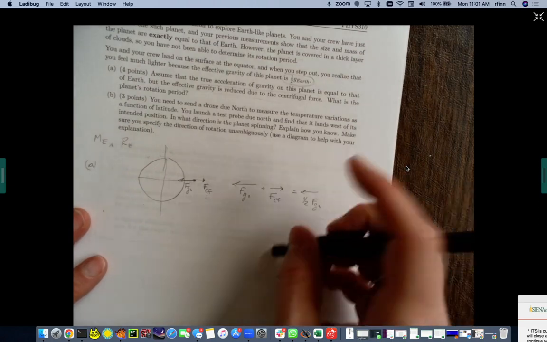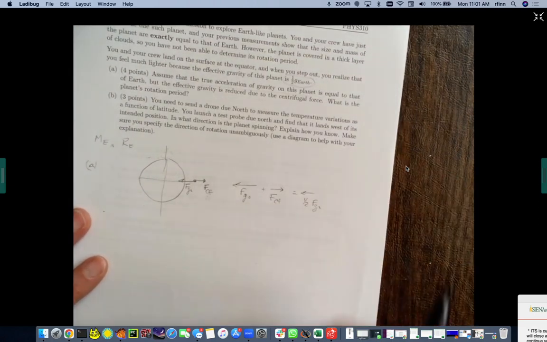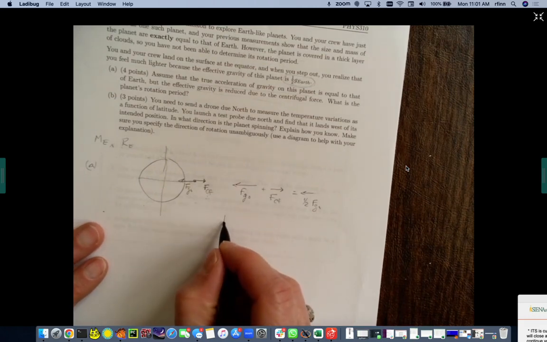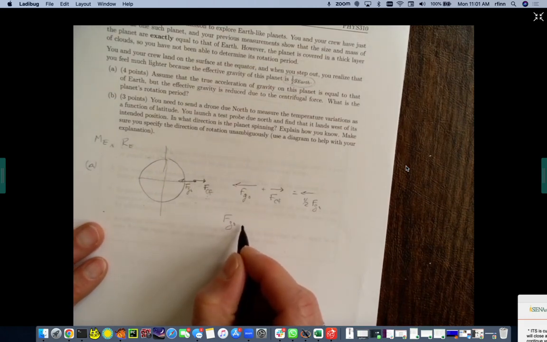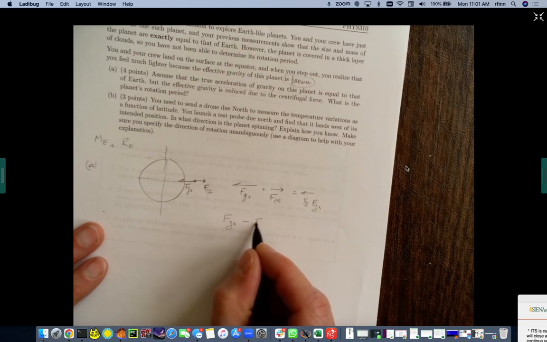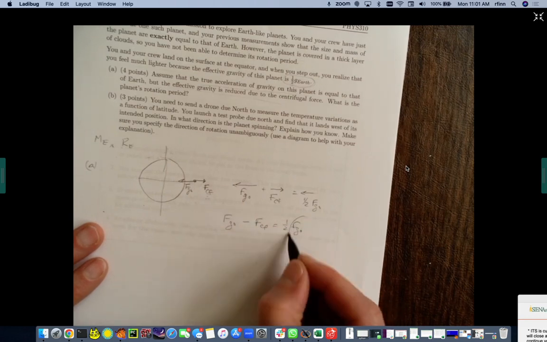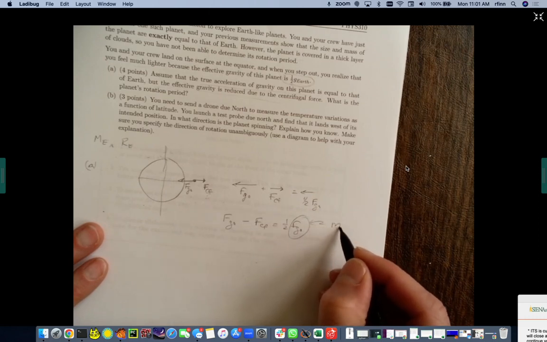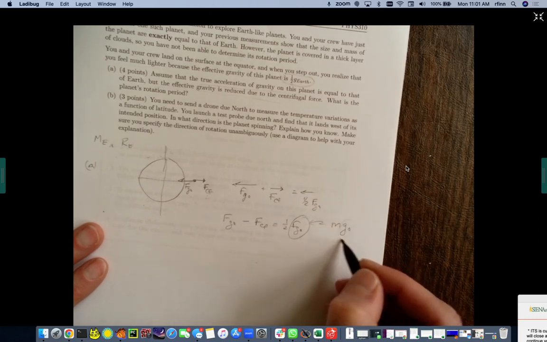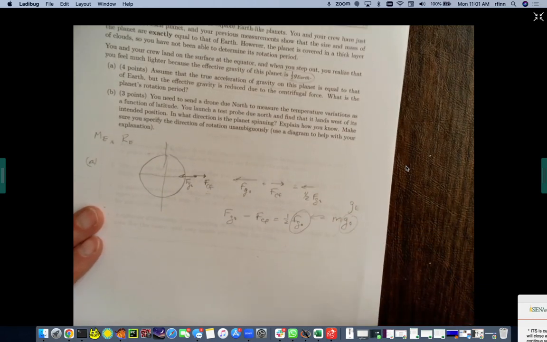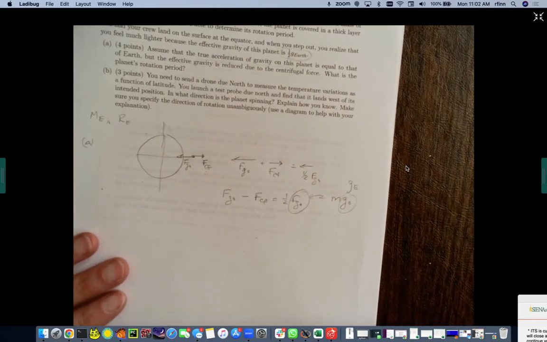Okay, so maybe I need to make that a little smaller, but that's the basic addition. So F_G0 minus the centrifugal force is 1/2 F_G0. And what I mean is just mg0, where this is g of the Earth, just 9.8 meters per second squared.